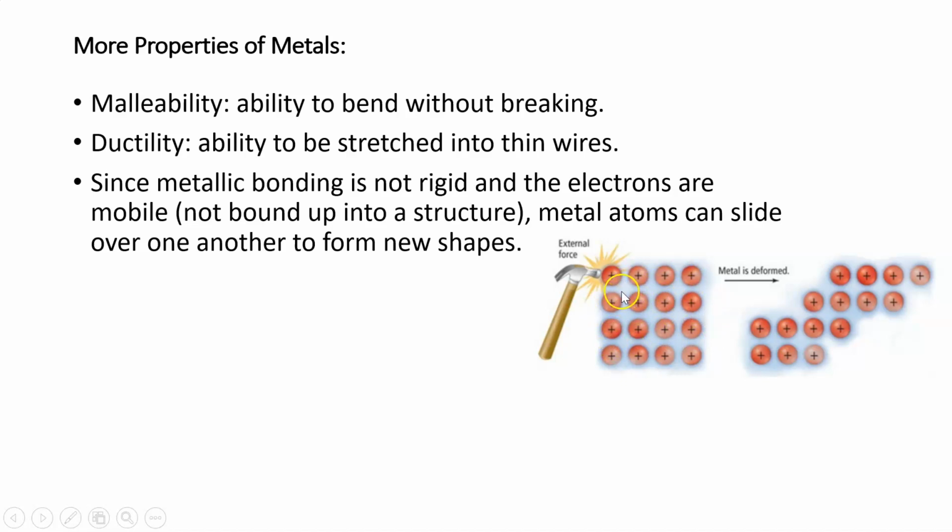And because of that, that repulsive force doesn't have as strong of an effect. And so if we were to hit a row of these atoms with a hammer or some other sharp external force, the metal will be deformed. It will just kind of move into a different shape, and that sea of electrons will still just flow around the nuclei.